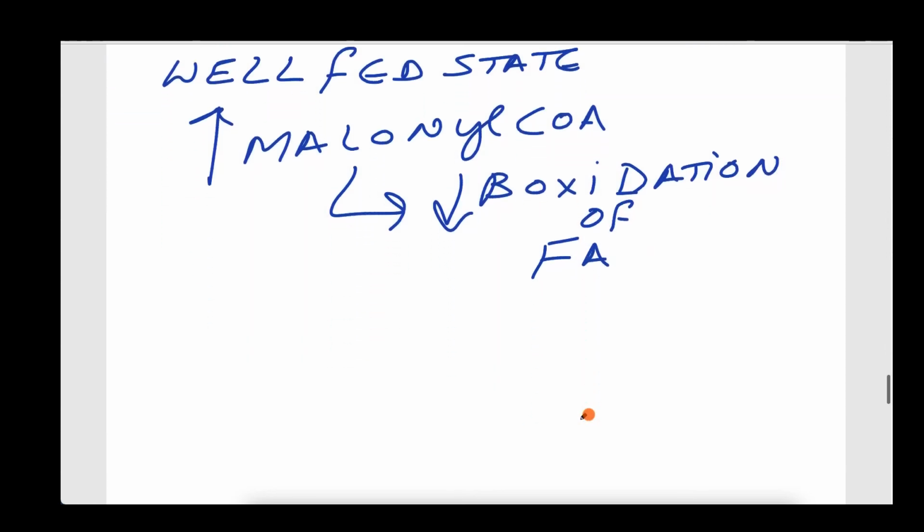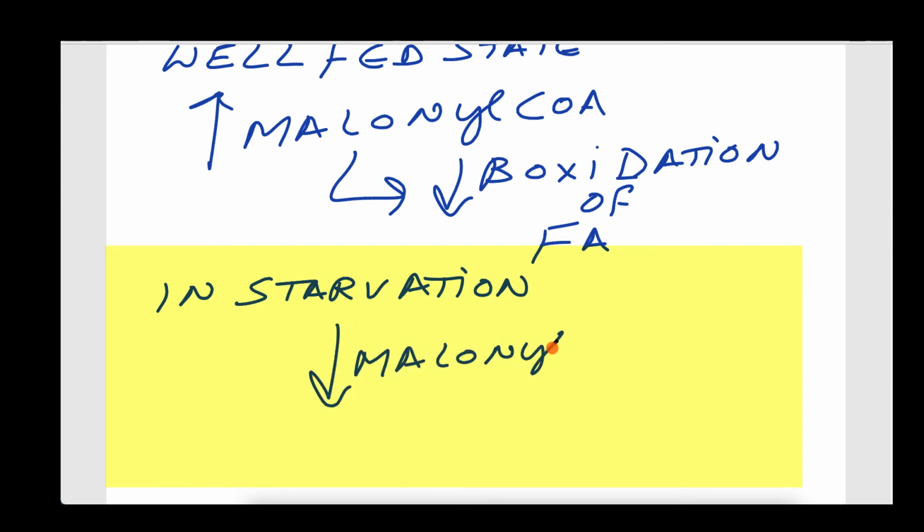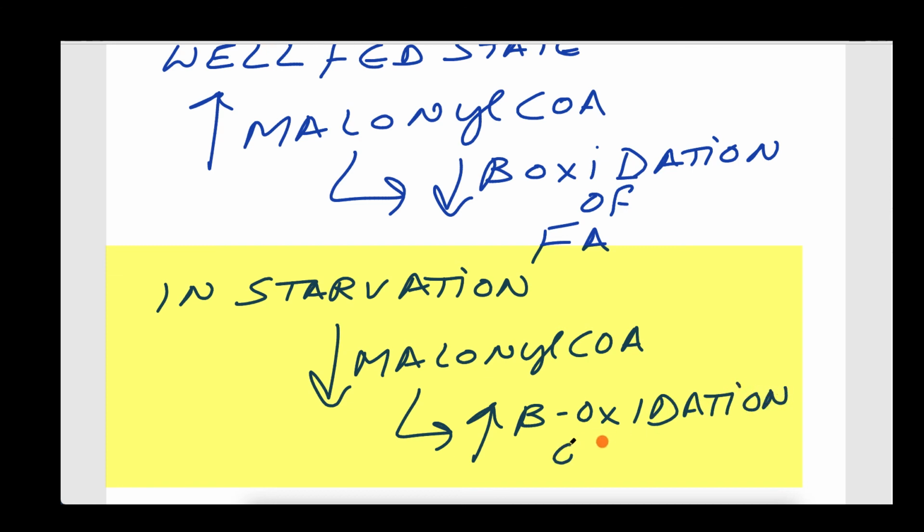Then in starvation, malonyl coenzyme A is decreased. In that condition, there is increased beta oxidation. That inhibition is not there, so the beta oxidation will take place. So this is about the regulation of beta oxidation.